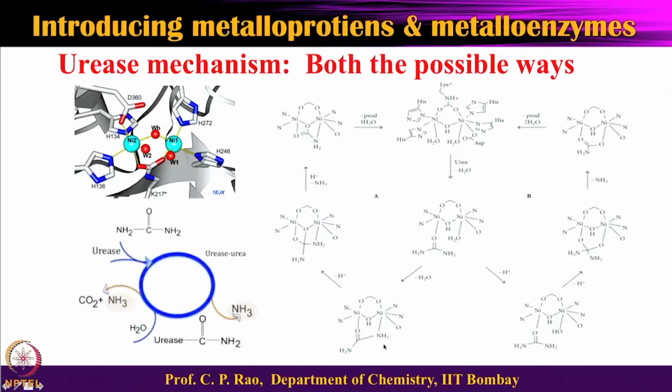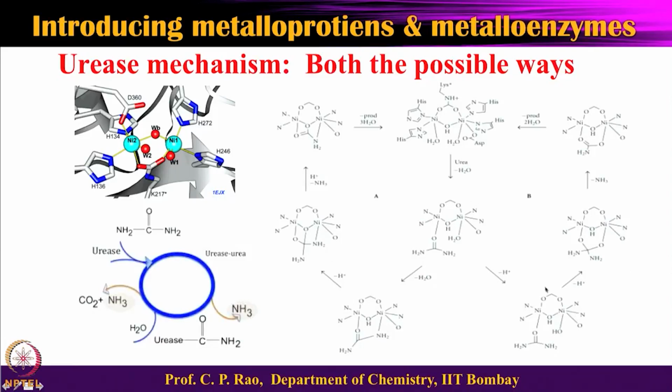Okay, in the other case, after the CO is bound to the nickel, when the flap is closed, it is possible that one of the other NH2 could be coming closer to the second nickel center, and upon transfer of the proton, you have the bridged hydroxyl group attacking on the carbonyl moiety.